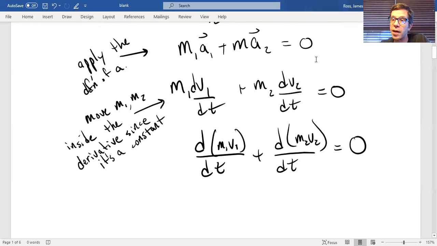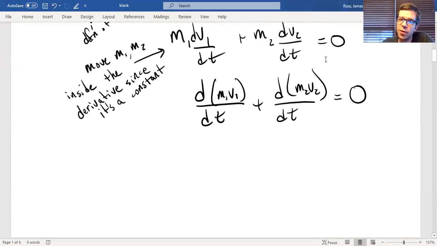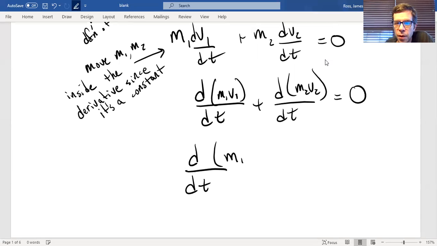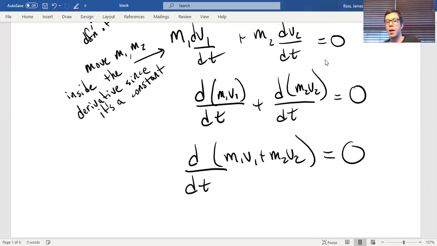And now we can see that we can take out that derivative operator and apply it to the whole thing. So we now have that the time derivative of m1v1 plus m2v2 is equal to 0. And what does it mean for the time derivative of something to be 0?